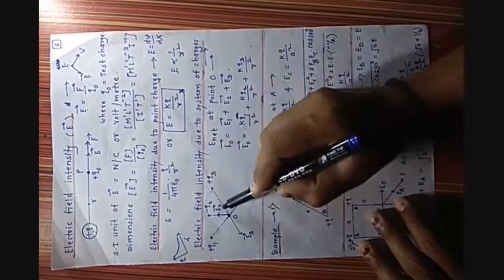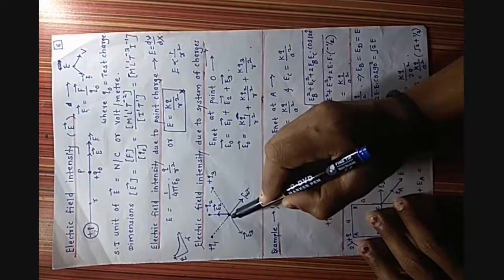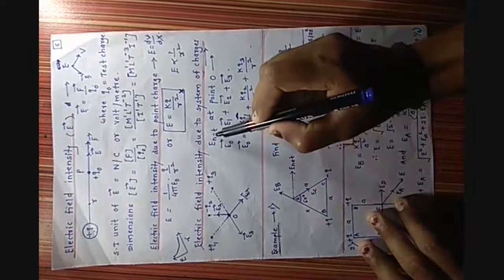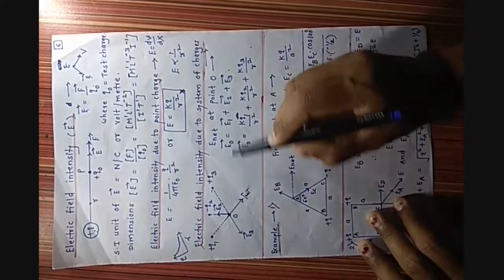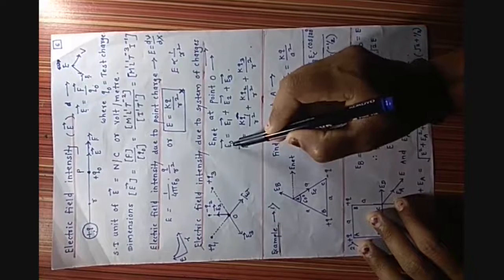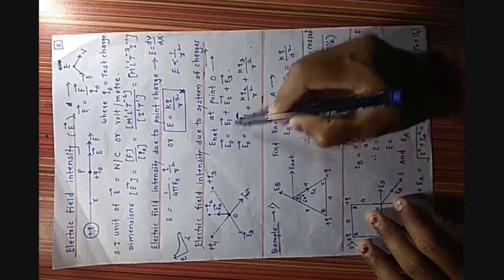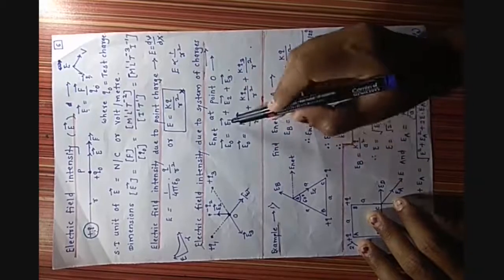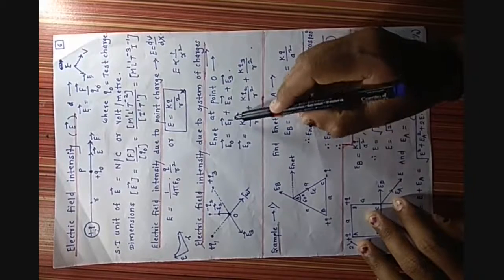And for the third charge, again a positive charge, so electric field intensity is directed like this. So the net resultant electric field at point O, suppose E0 bar, is the sum of all the individual electric field intensities, E1 plus E2 plus E3. So just substitute the values.